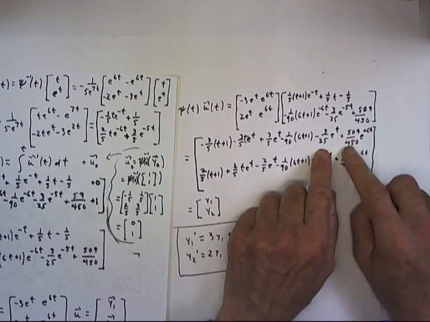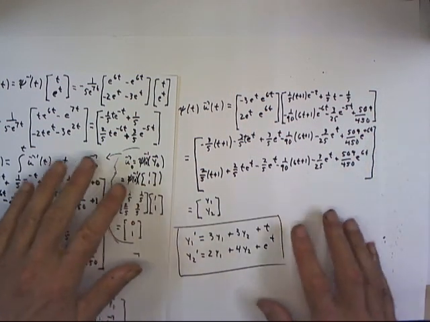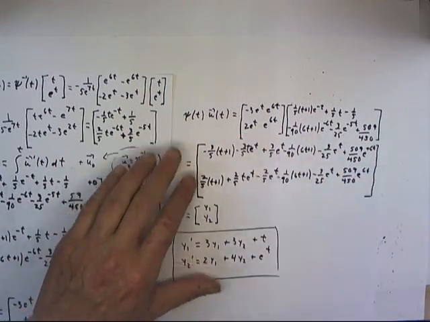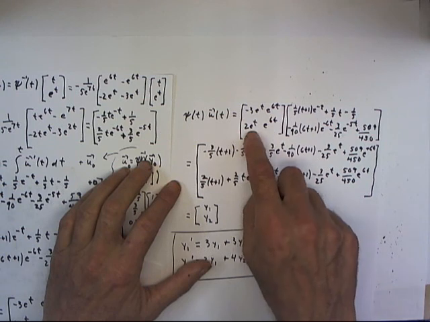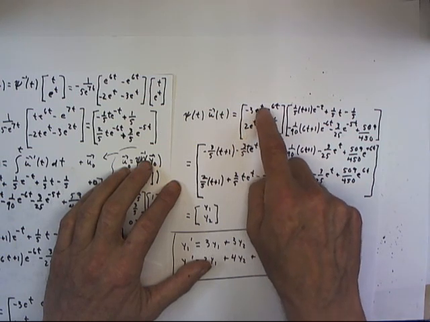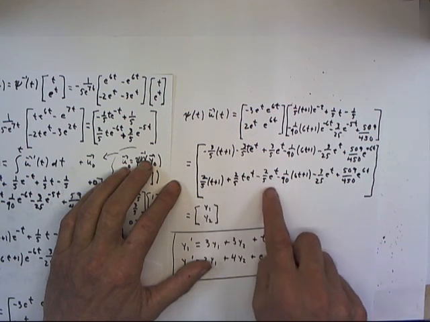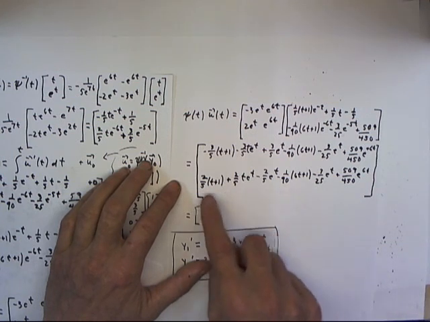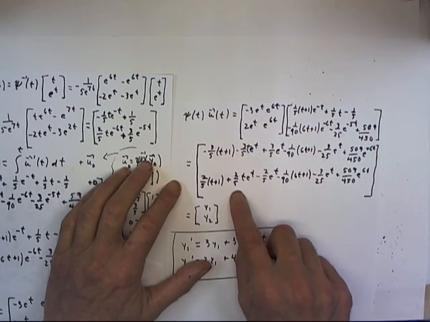And the 509 over 450 will just be multiplied by the e to the 6t. Without reading it all to you, doing the same thing in the second row, we have a multiple of e to the t as we did before, which is multiplied by the first row, giving us terms of the same type, just with slightly different coefficients because of the different coefficient here.